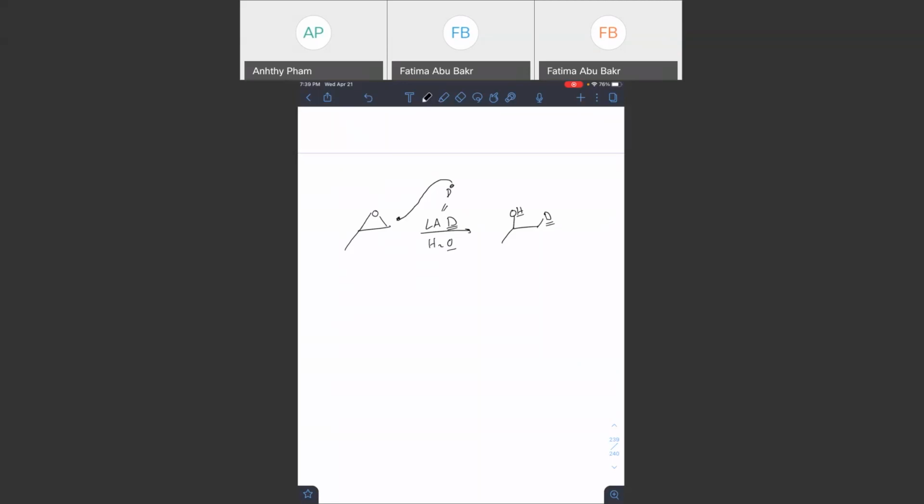That's because a D specifically attacked this carbon, but then this oxygen is just going to grab whatever is surrounding it in solution. In this case, it's using H2O instead of D2O. So that's why we have an H in that position and a D in that position. And I really urge you to think about these and try to be very comfortable with this concept because it'll probably come up.